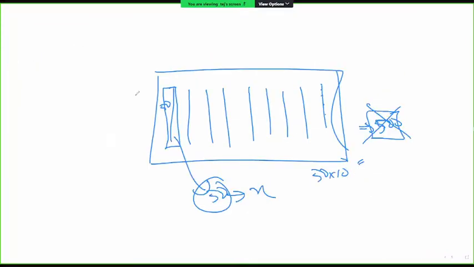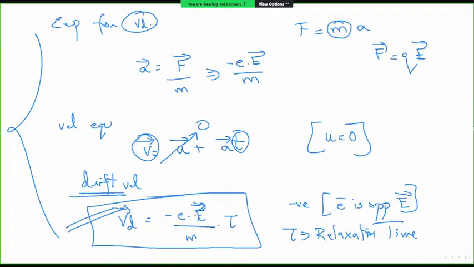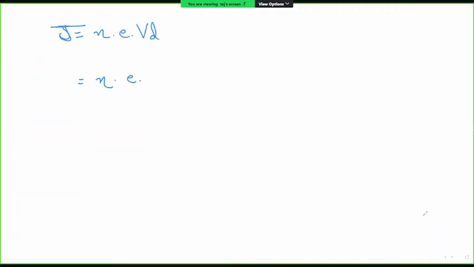I'll rewrite that again because continuation is required. J equals NEVD. Now I'll take the reference. I'll keep the N and E as they are. We found the answer for VD in a different concept here: minus E dot capital E by M into tau. I'll copy that.